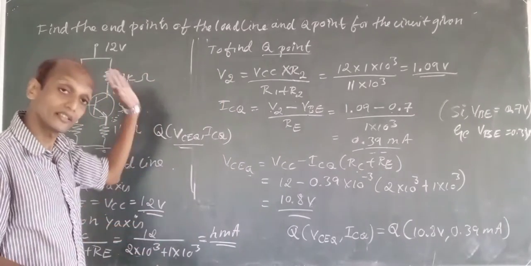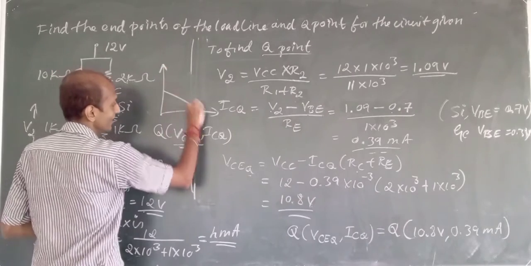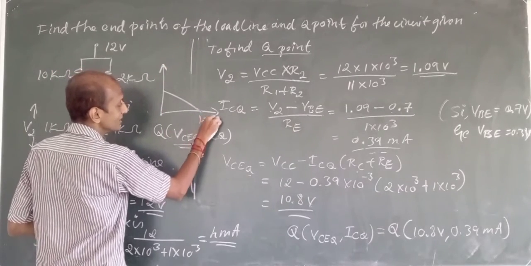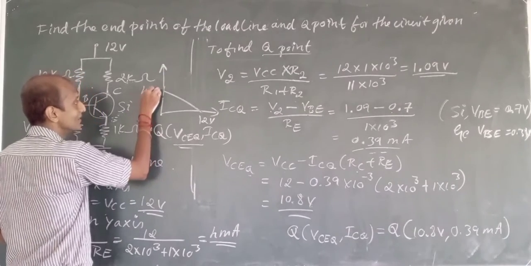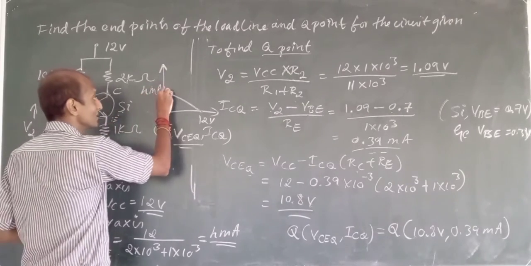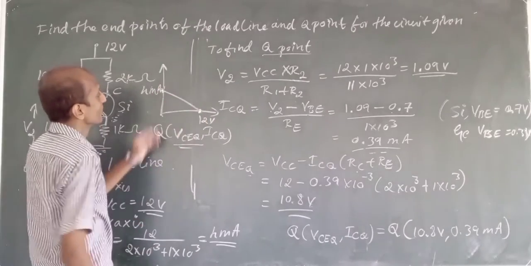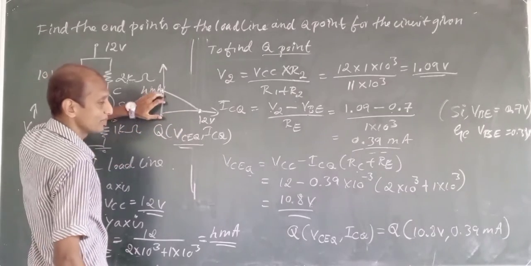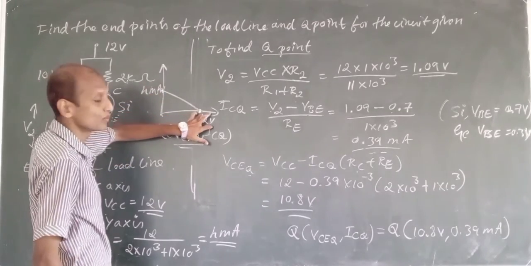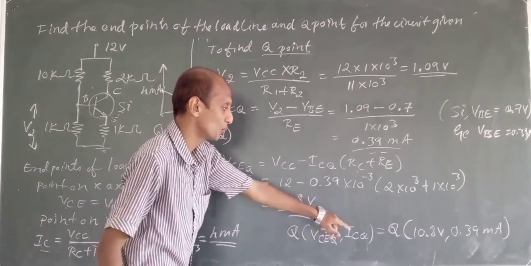Now if I go for the DC load line, we had 12 volts and 4 milliamperes as the endpoints. 4 milliamperes is the y-axis point and 12 volts is the x-axis point. So I should find the Q point.